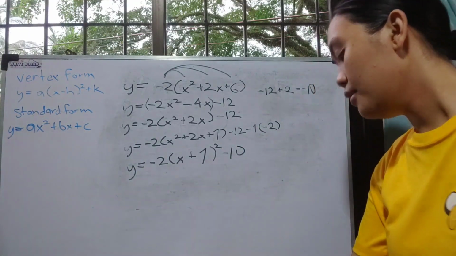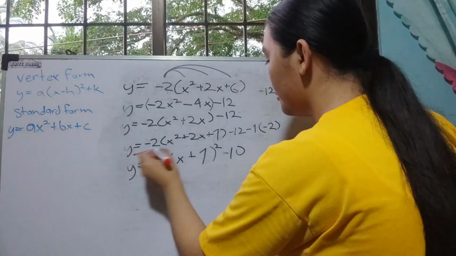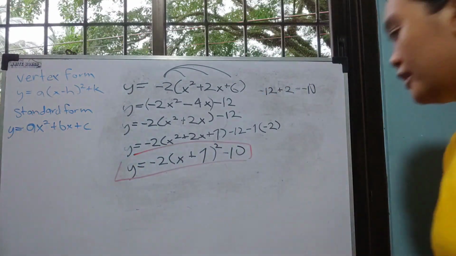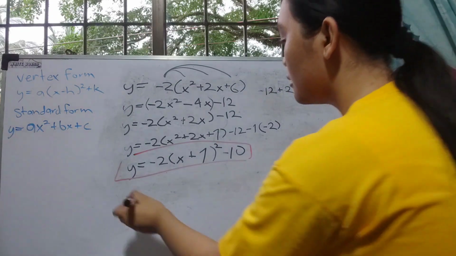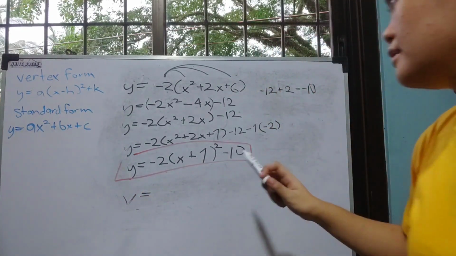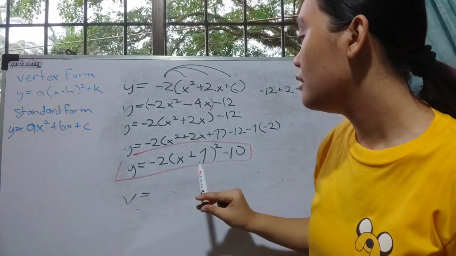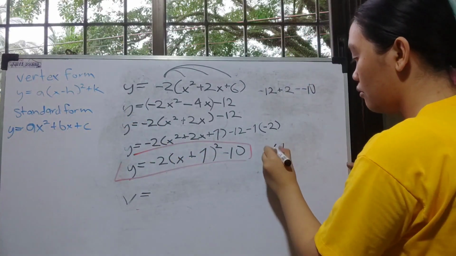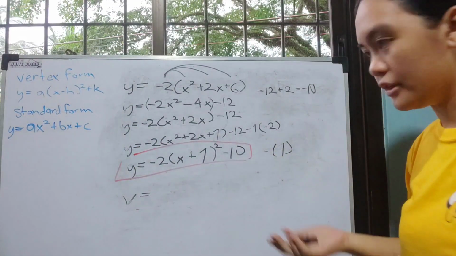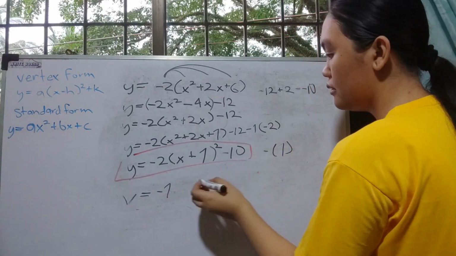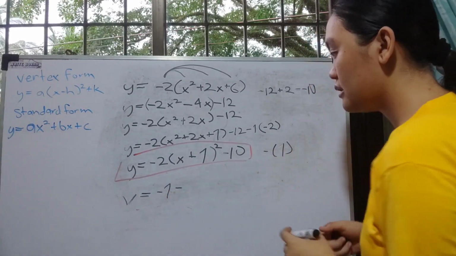And remember, there's our vertex form. Remember that in getting our points, plugging 1 into negative h, so 1 is obviously negative 1, and this stays the same.